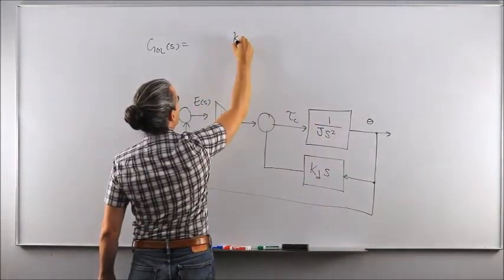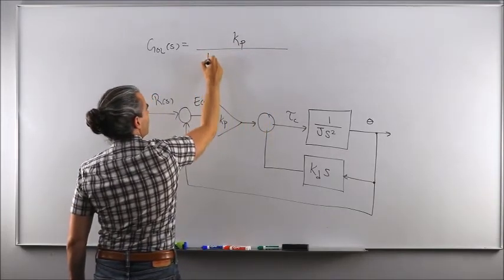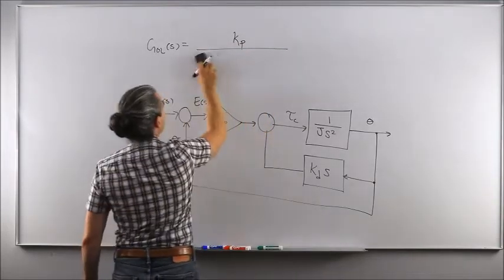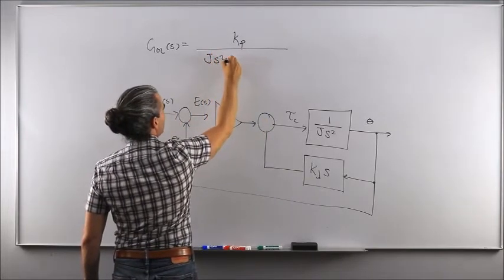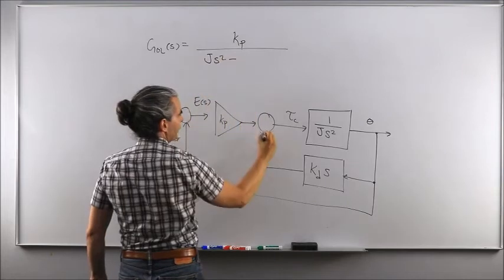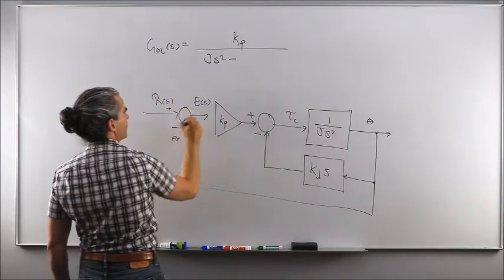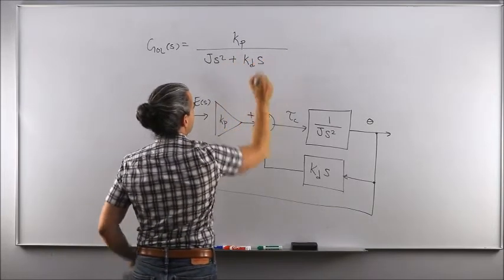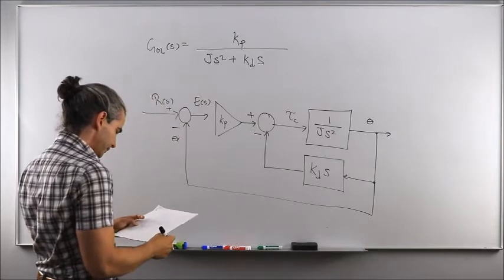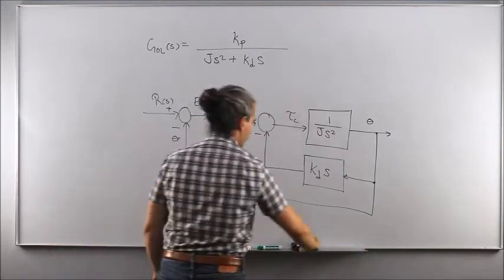I'm going to get Kp over Js squared plus Kds. Okay? So this is my open loop transfer function.